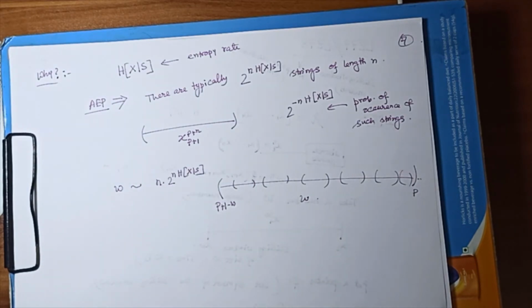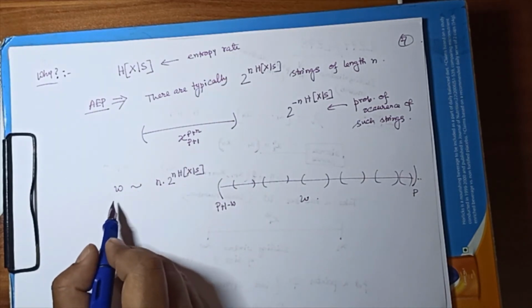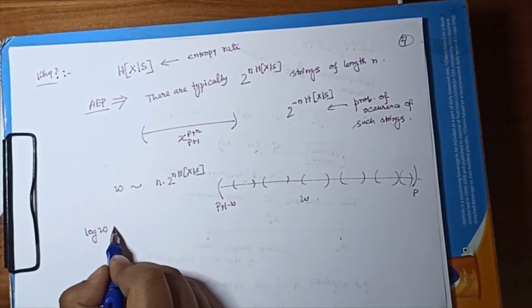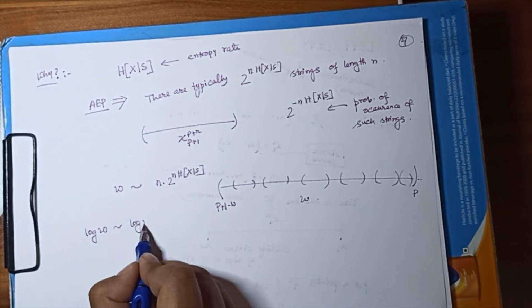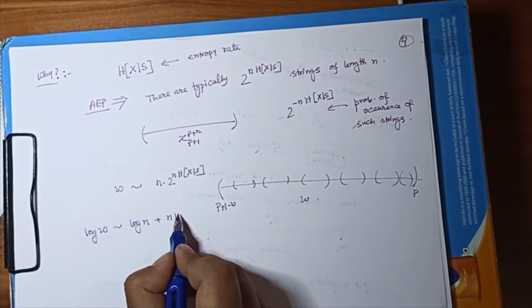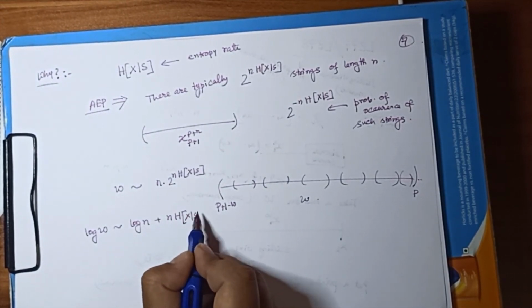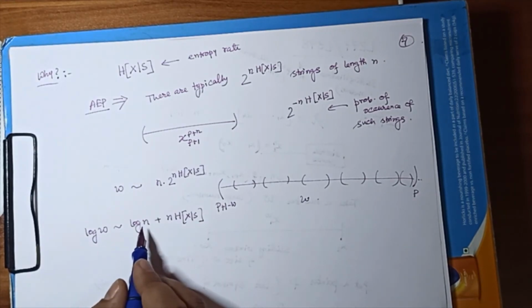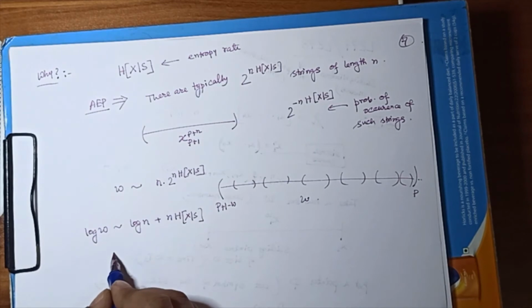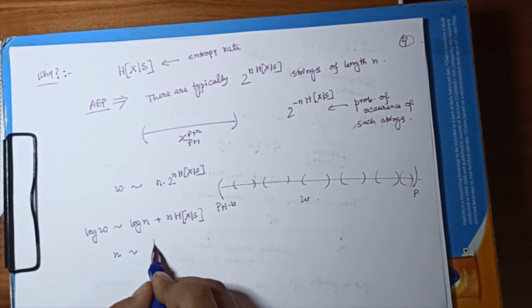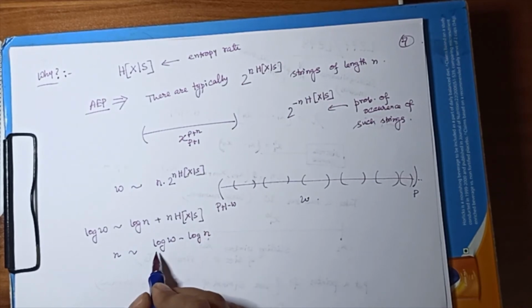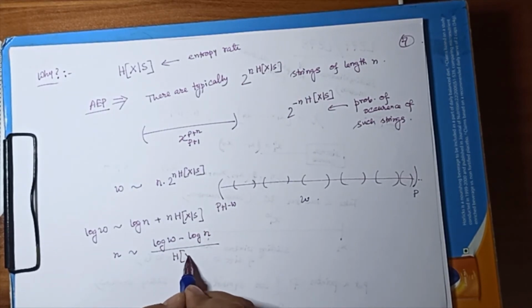Okay. If so, take logarithm on both sides. So log w will be close to log n plus n H(X given S), right? So n is of the order of log w minus log n, divided by H(X given S).